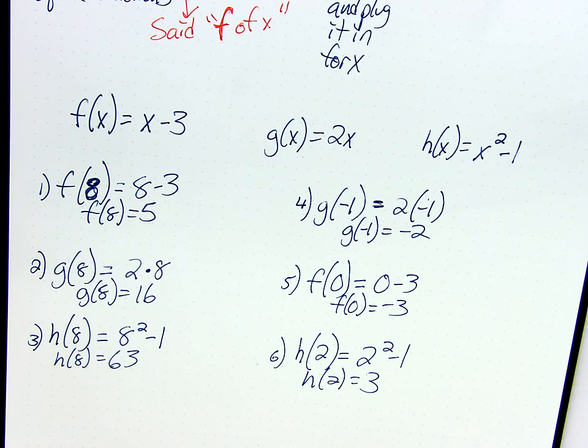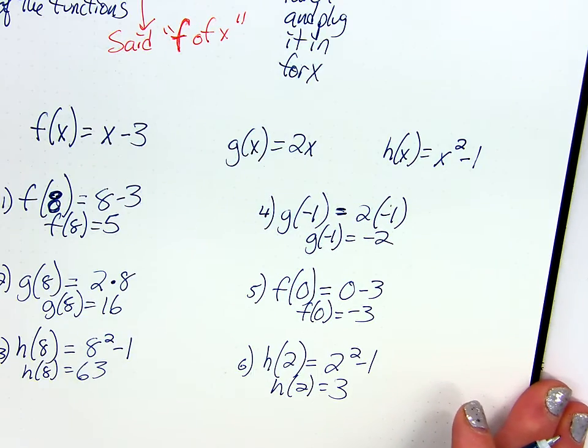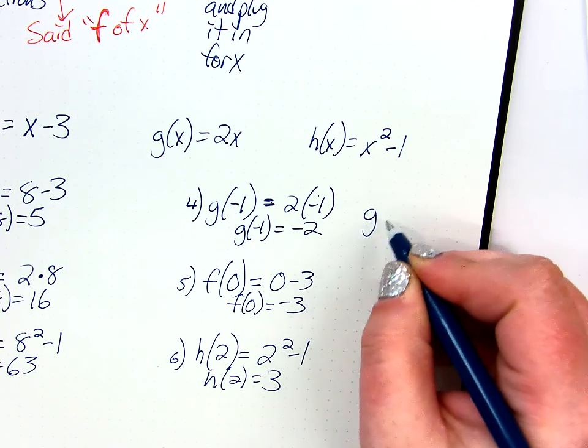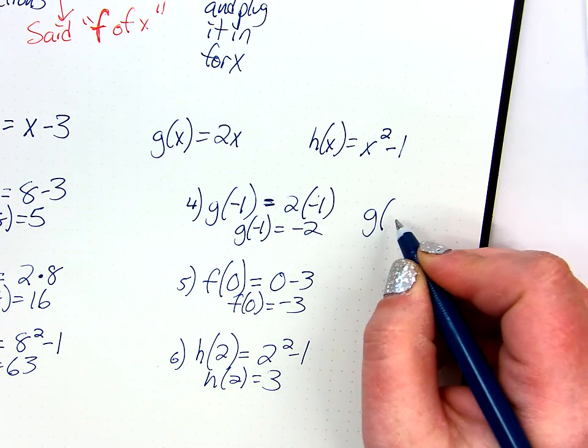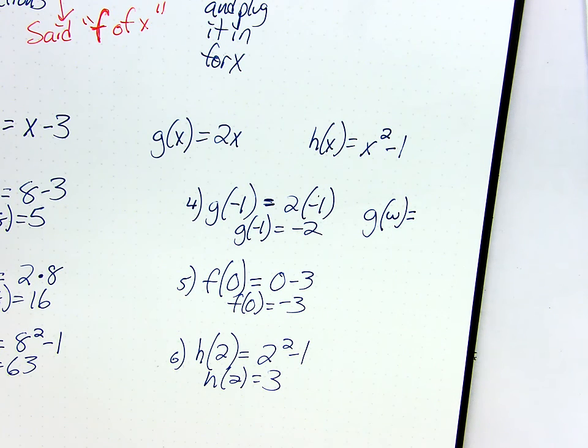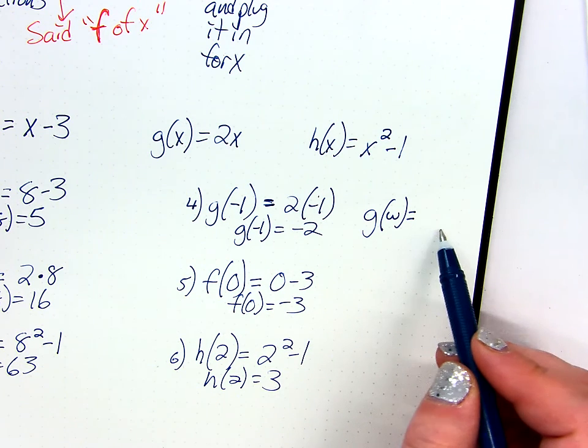So, I need to throw one more little tiny wrench into this. What do you think if I said, what's g of w? What do you think that would be? Olivia, what do you think? W, like x. Yeah. So what's your answer going to be?